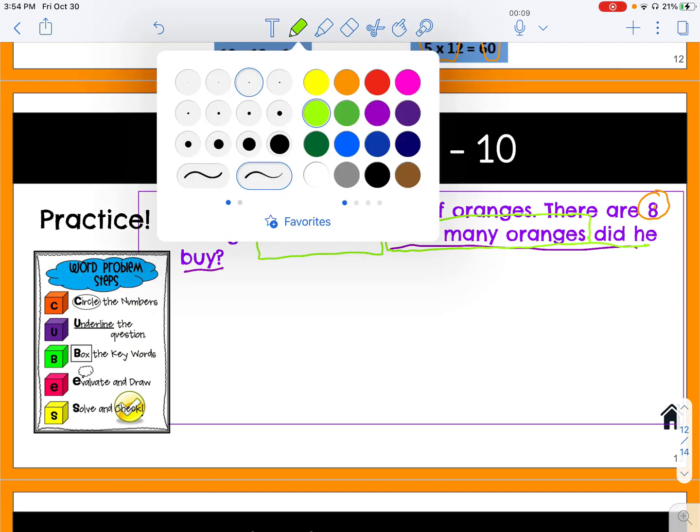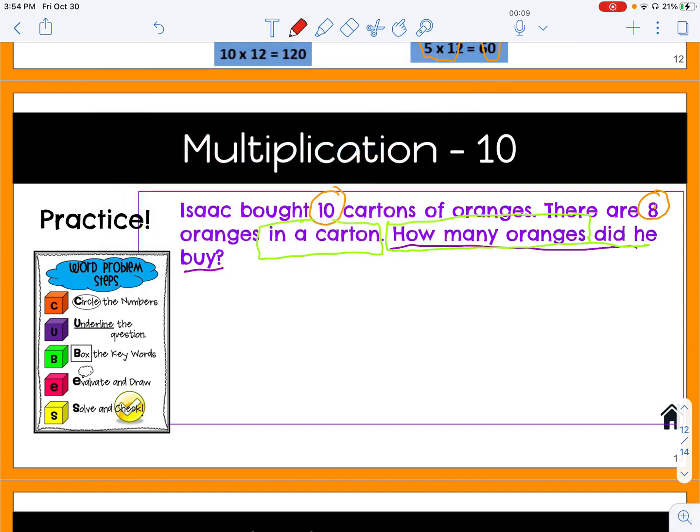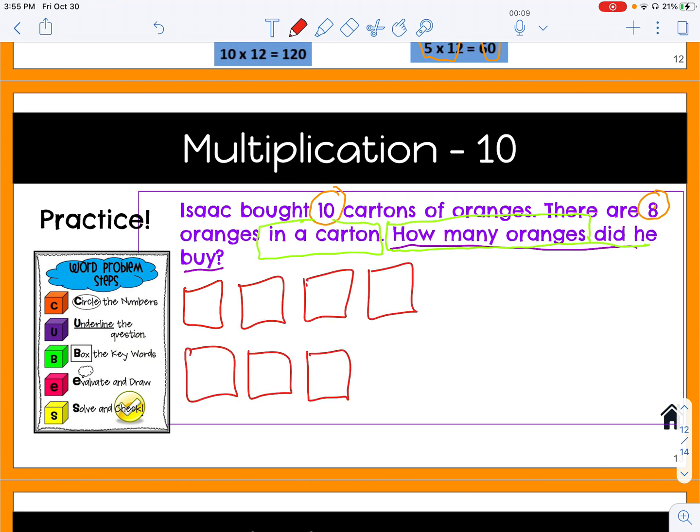So now we're going to evaluate and draw. So if he bought 10 cartons of oranges, I can do this in a couple different ways. I can draw my cartons. 1, 2, 3, 4, 5, 6, 7, 8, 9, 10. There are 8 in each.